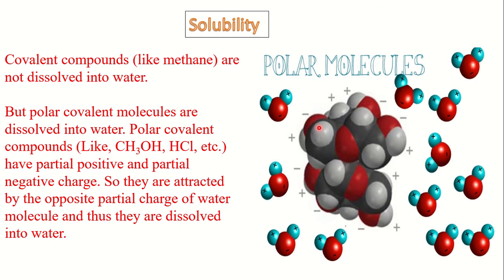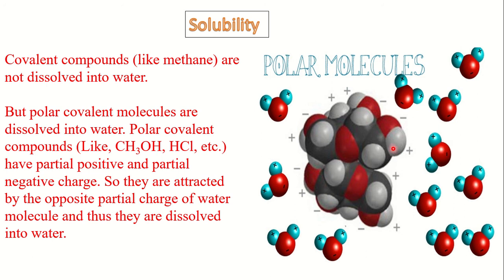Look, these are polar compounds. When they are given into water, their negative end is attracted by the partially positive end of water, hydrogen, and their positive end is attracted by the partially negative end of water, that means oxygen.